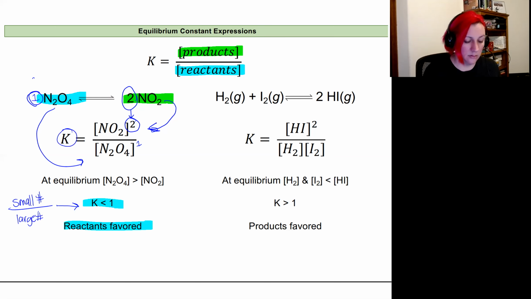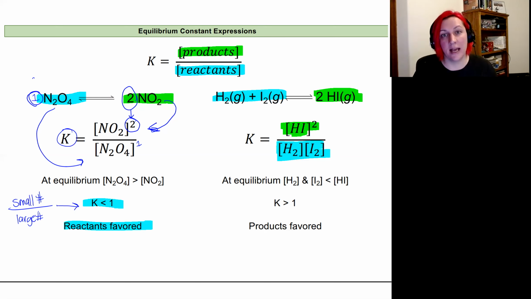All right. So let's look at our other one now. In this case, we have hydrogen and iodine gas forming 2HI. And so I'm going to make sure that my products go on the top and my reactants go on the bottom. And then I'm going to use those coefficients as the exponents.